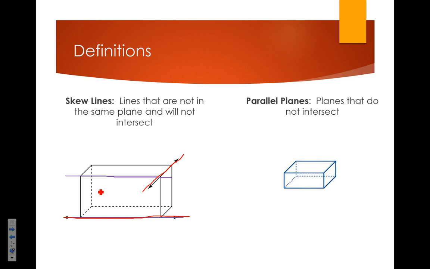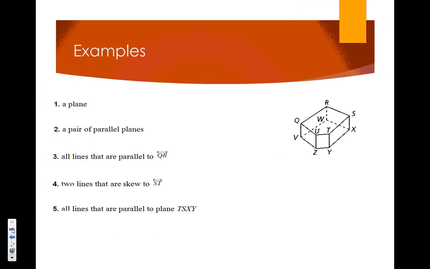Now, parallel planes, which we had in Unit 1, were planes that don't intersect. So the top and the bottom of this rectangular prism are parallel planes. The sides, this backside and this backside, are parallel planes. All right, so just a quick example.